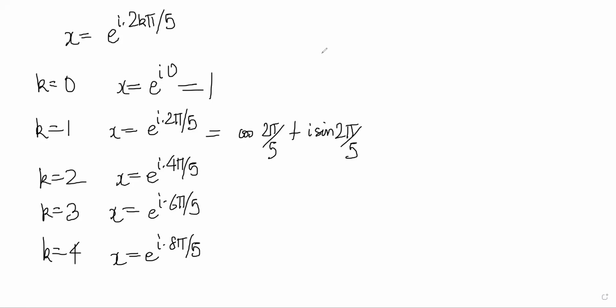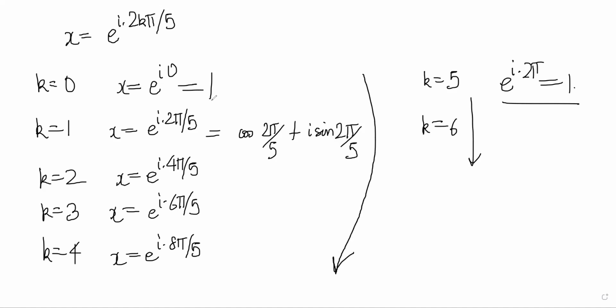Now what happens if you put k is equal to 5? e power I 10 pi by 5, which is e power I 2 pi, which is 1 only. It will start repeating. For 5, 6, 7 onwards, it starts giving the same 5 values. For example, for k equal to 6 it will be 12 pi by 5, and 12 pi by 5 is 2 pi plus 2 pi by 5.